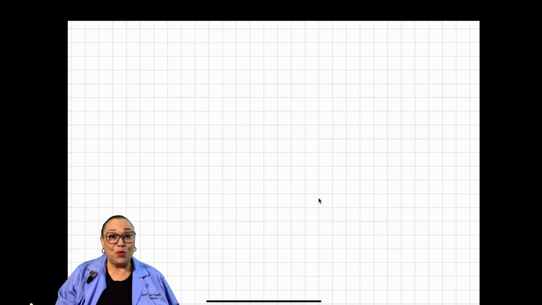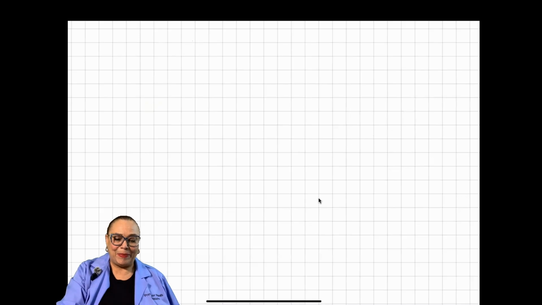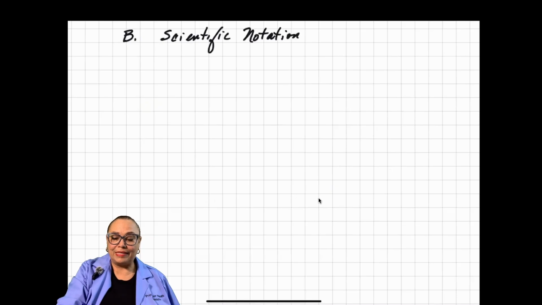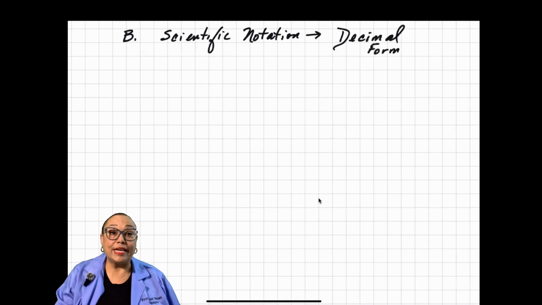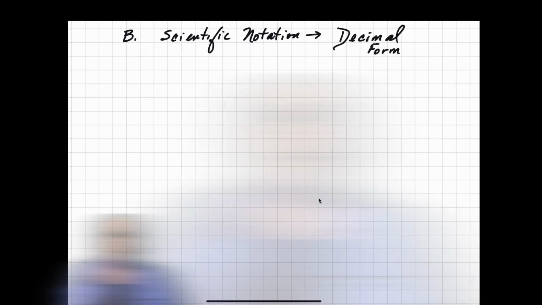Okay, now let's keep going. Let's go from scientific notation back to decimal form. This is pretty straightforward because all you have to do when you're going from scientific notation back to decimal form is to look at the power of 10.